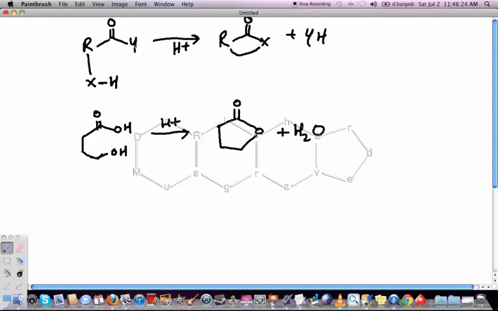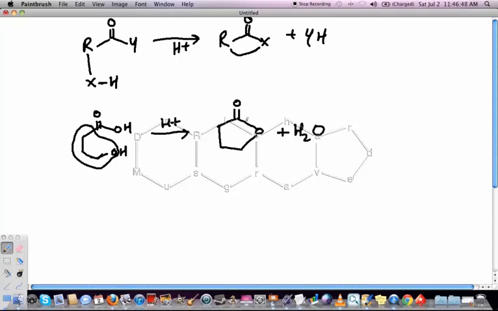The X is going to come in and end up replacing the Y, and we're going to end up with YH. In this instance, the X group is pretty much everything that's connected to the C double bond O on this side, minus the hydrogen of course.